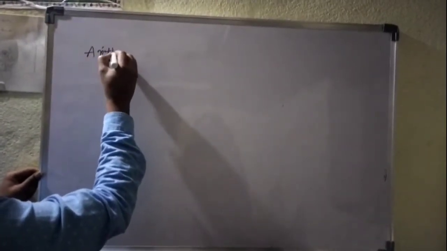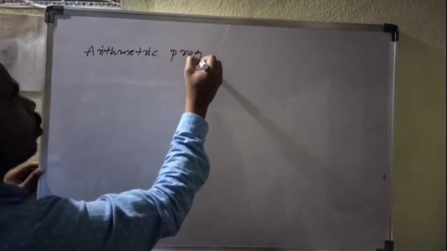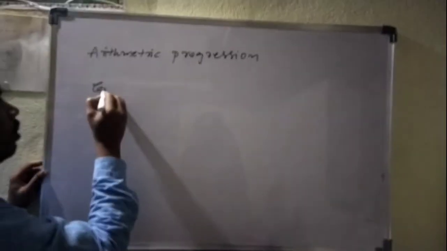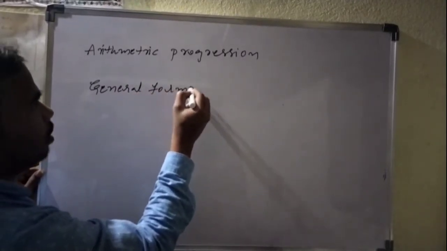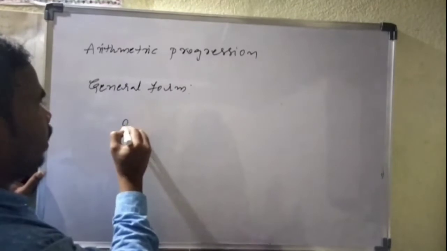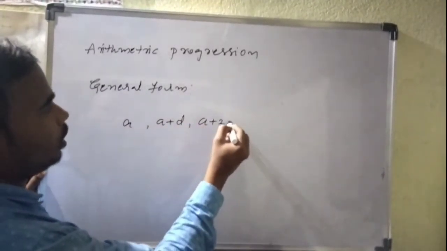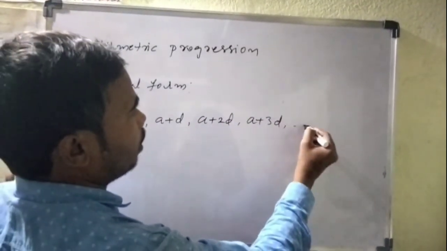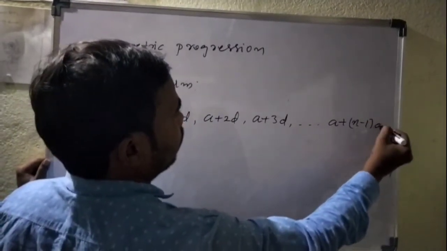Arithmetic progression general formation is equal to: a, a plus d, a plus 2d, a plus 3d, and so on, up to a plus n minus 1 into d.